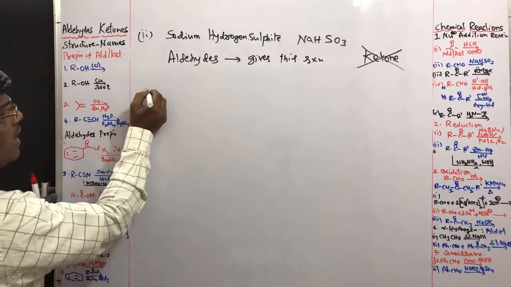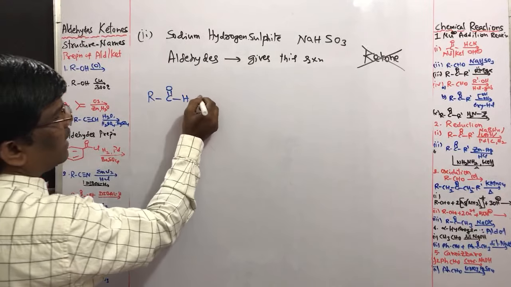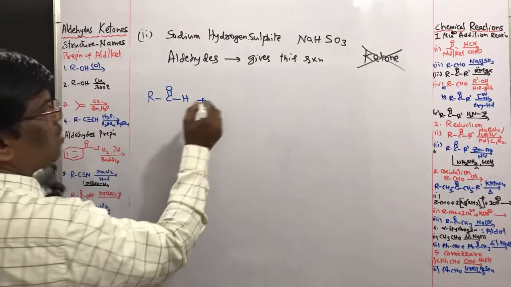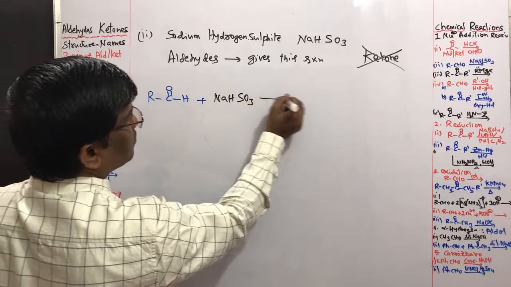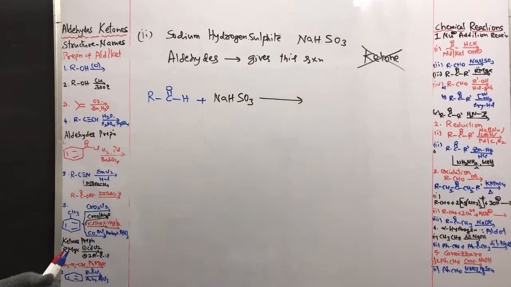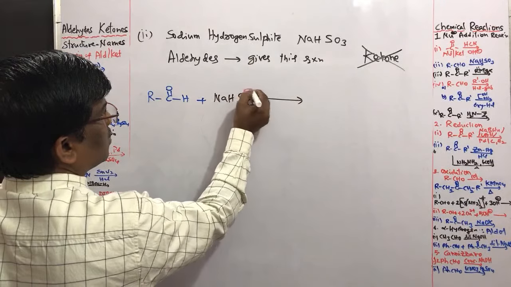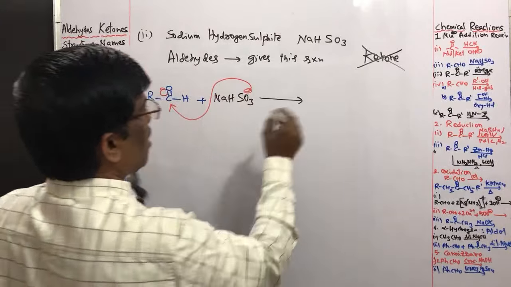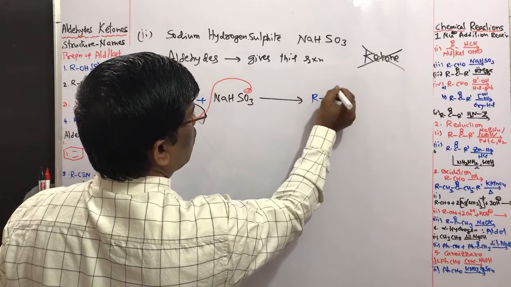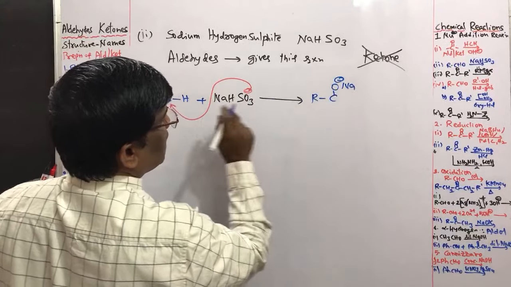Let me take one aldehyde, and when I treat it with sodium hydrogen sulfite, it is going to form a sulfonate. O minus, and sodium is there in the reaction mixture.